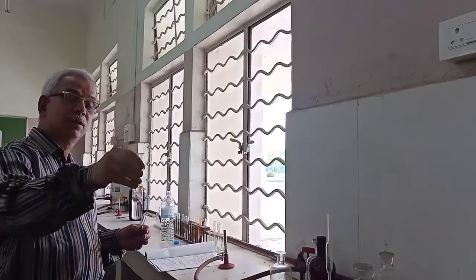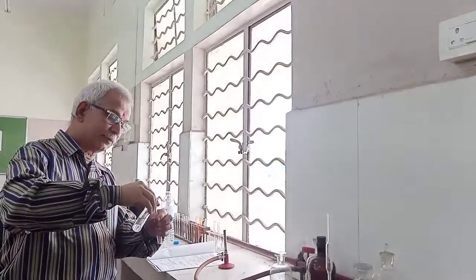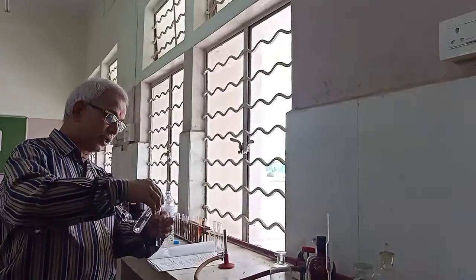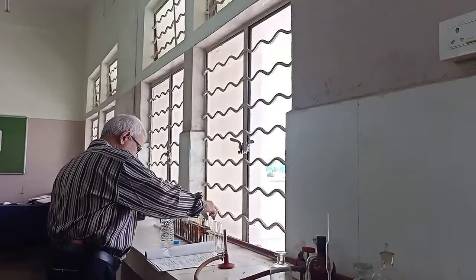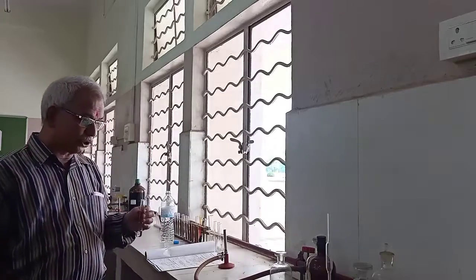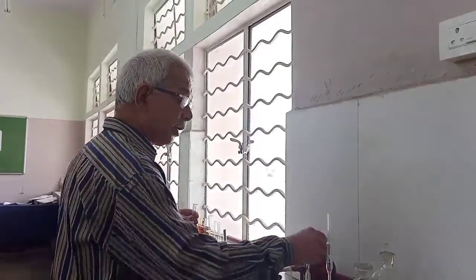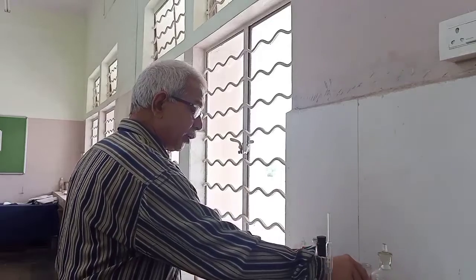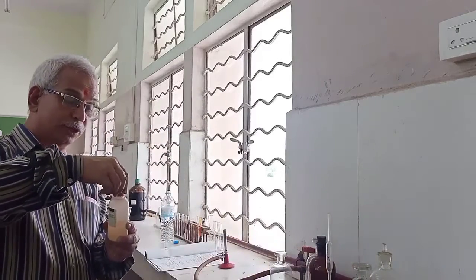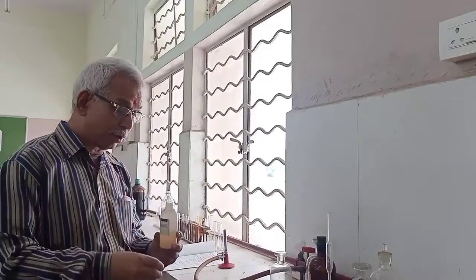So this is our OS. I am taking OS, the original solution. Then Nessler's reagent plus NaOH. Nessler's reagent is very costly. Its preparation takes two to three steps, so a small bottle costs more.